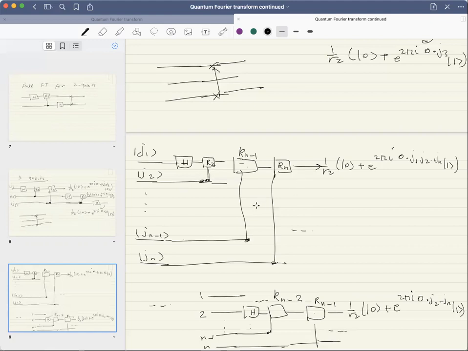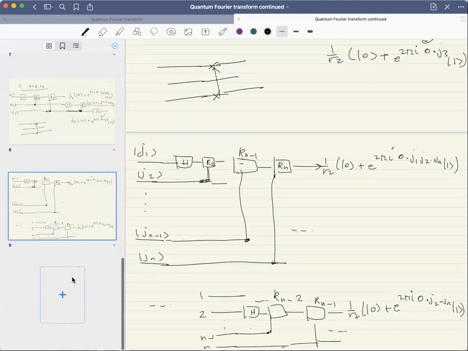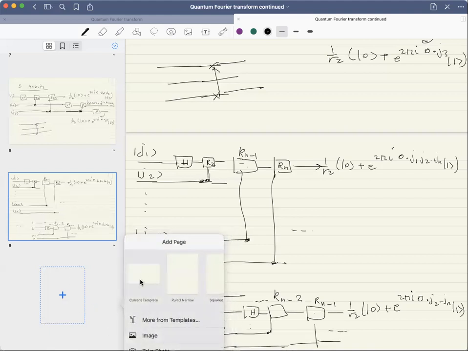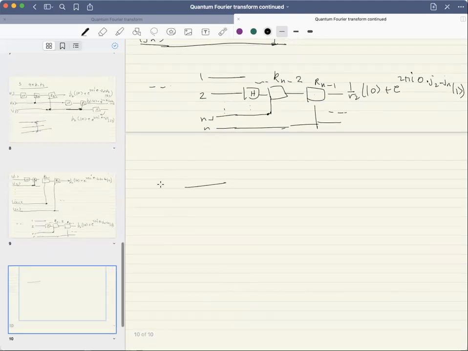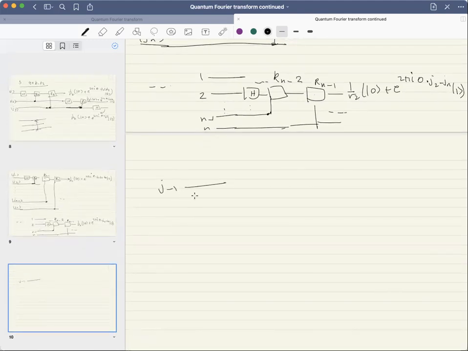And then we can just keep pushing. For the third one, I again hit a Hadamard, then hit everything below it. I start with a controlled R2, then a controlled R3, and I go all the way to a controlled R n minus 2 in that case. So let's keep going with this structure. Let's think about the second to last qubit.